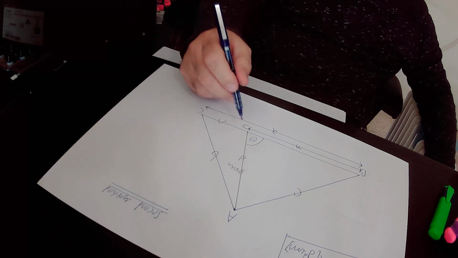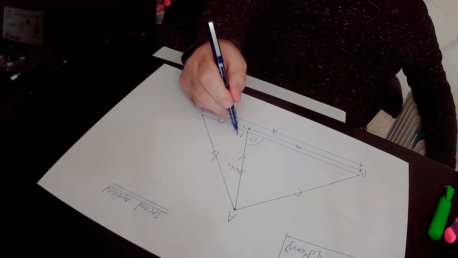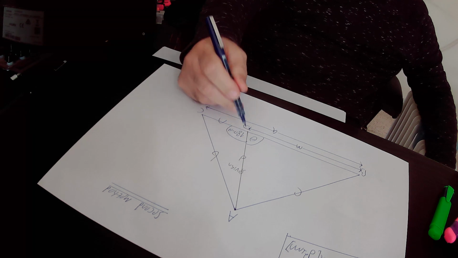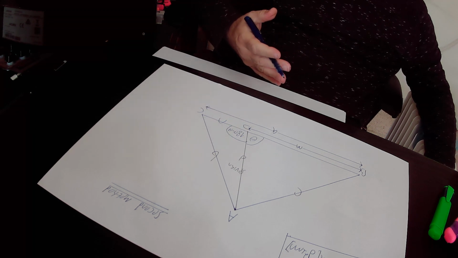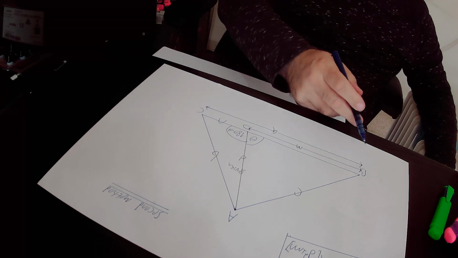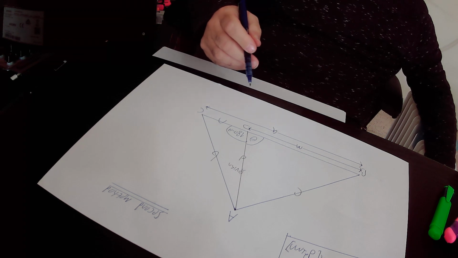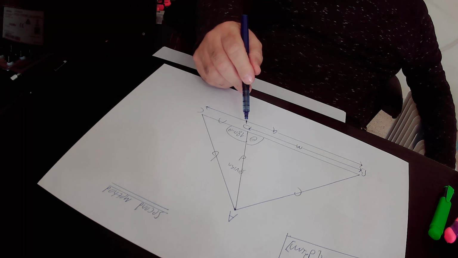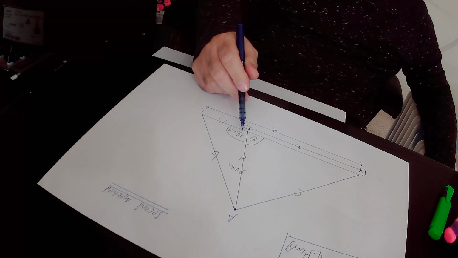And therefore, this angle must be equal to 180 degrees minus theta, according to the rule that the sum of the angles on one side of a straight line is equal to 180 degrees. BC is a straight line. The sum of the angles on the upper side of BC at point D must be equal to 180 degrees.